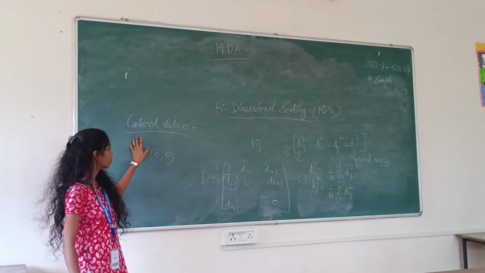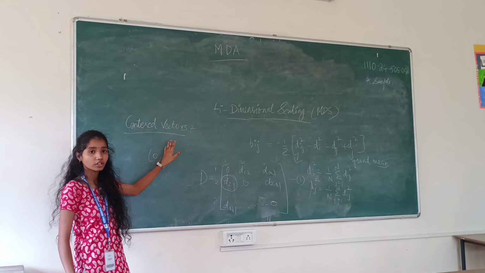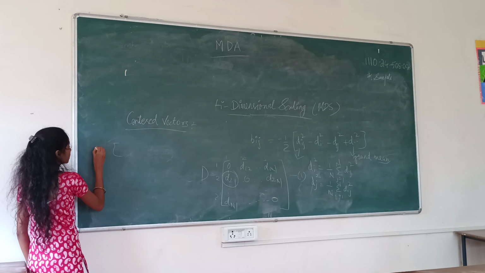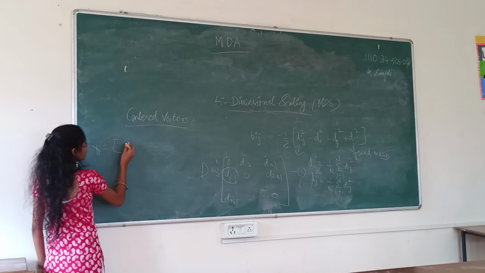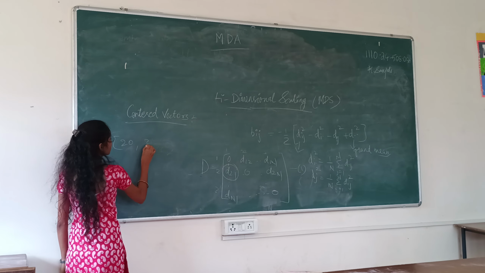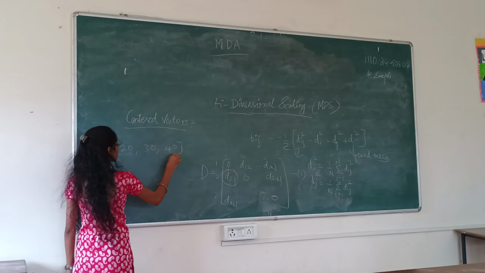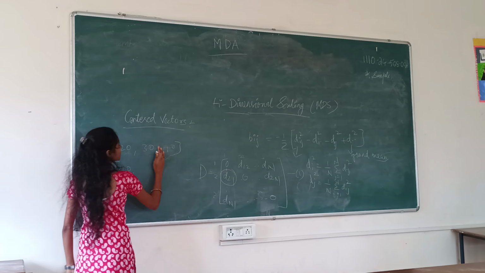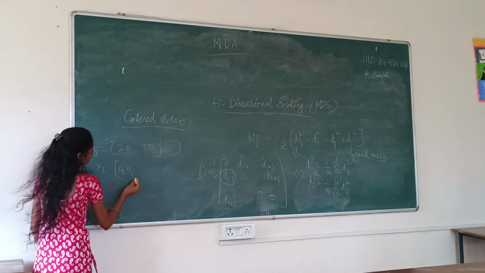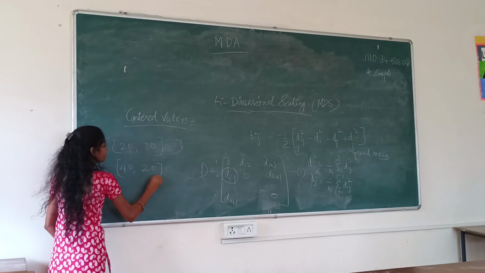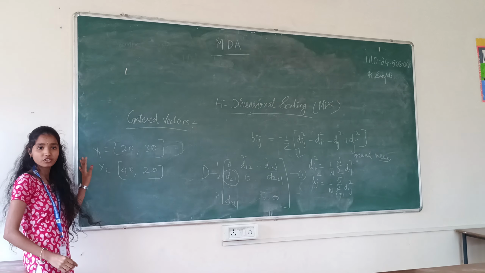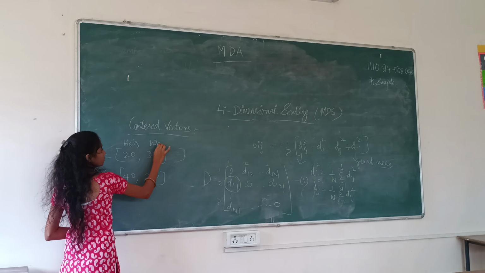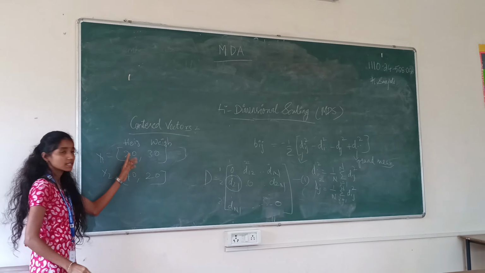I will give you an example of how we can calculate the centered vectors. Let us take x1, that will be 20, and so on. These are the original vectors, and let us think that they are heights.